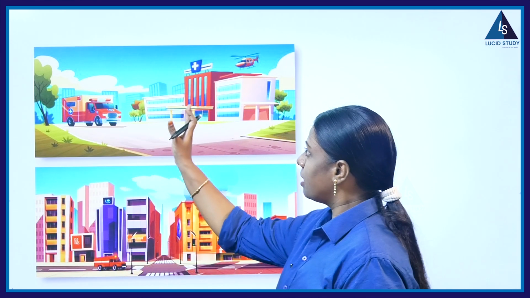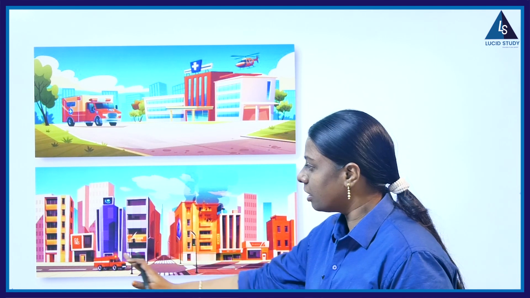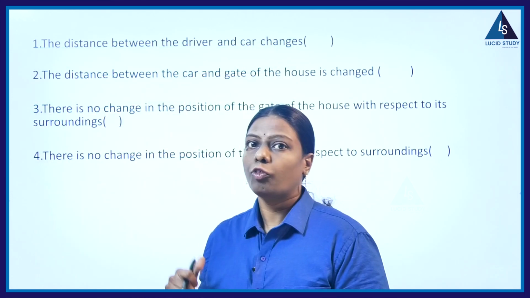So observe these pictures, children. Here is a gate, and here is the car which is at the back of the gate. Here the car has moved to the front, and here is the gate. By observing the positions, let us discuss the following.